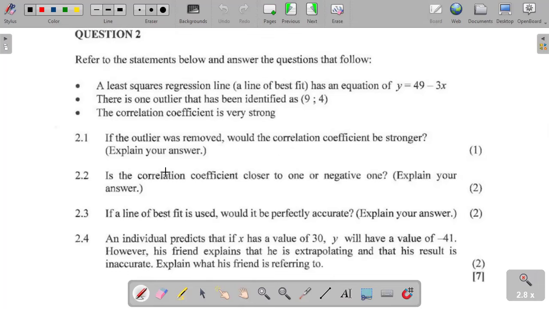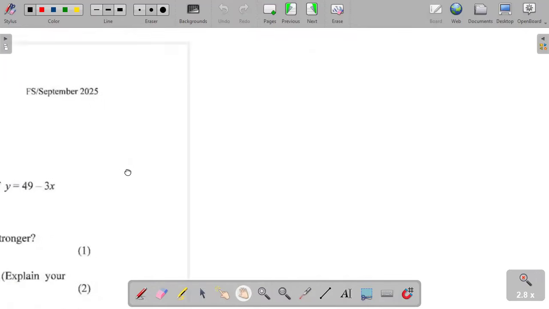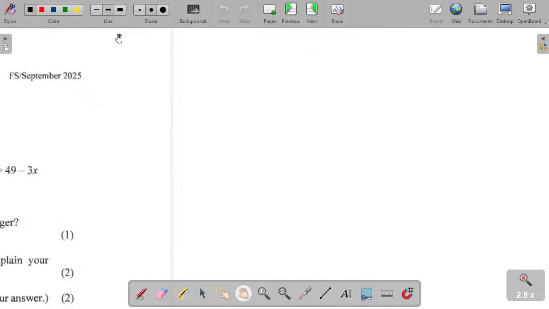Yes, we know that if we remove the outlier it affects the average, and it also affects the correlation, isn't it? So yes, that's the answer.